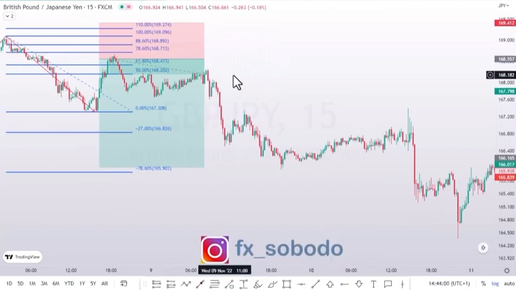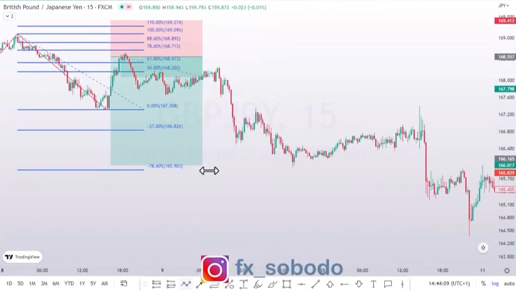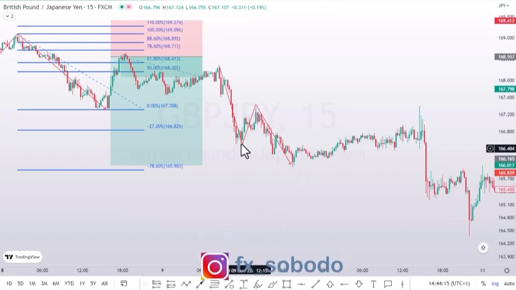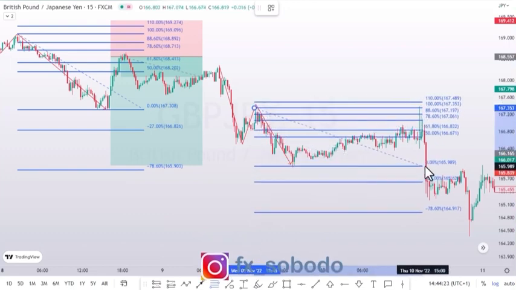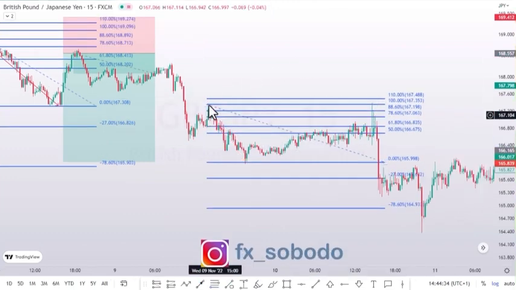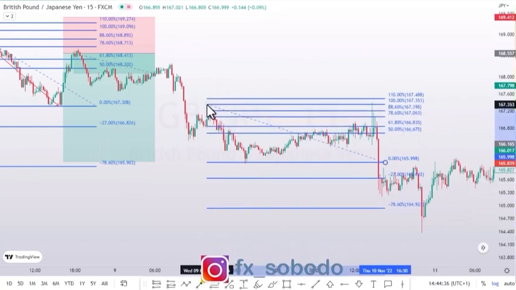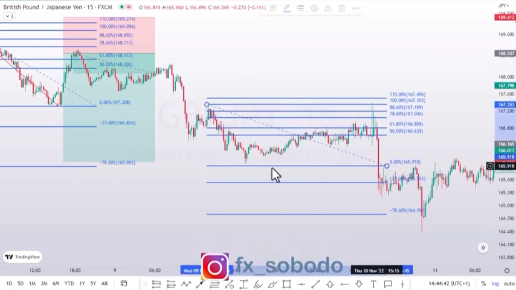let's take a look at this low as well. You see, price creates lower low, lower low. So we place our Fibonacci right at this level, right at the top of the wick, to the lowest low of the wick.